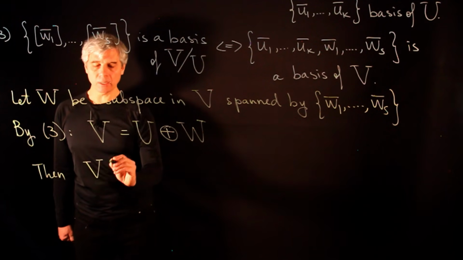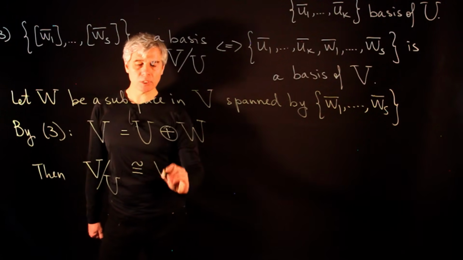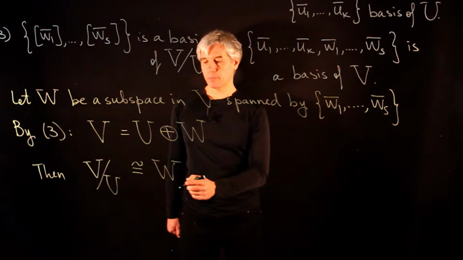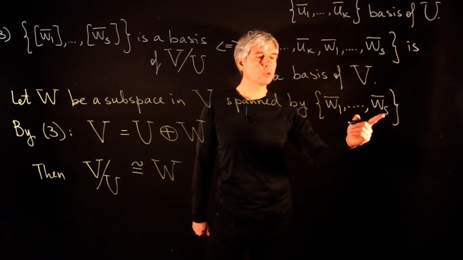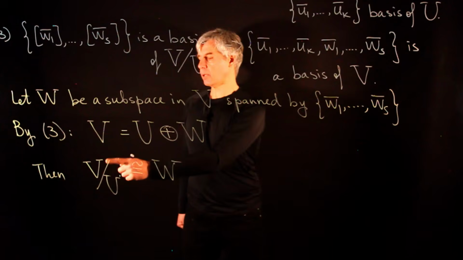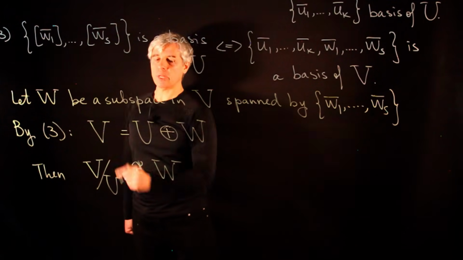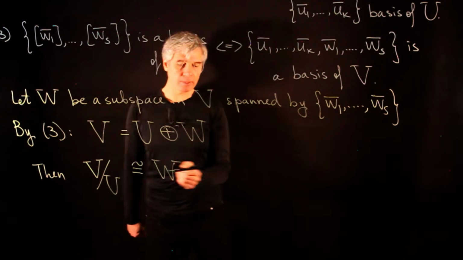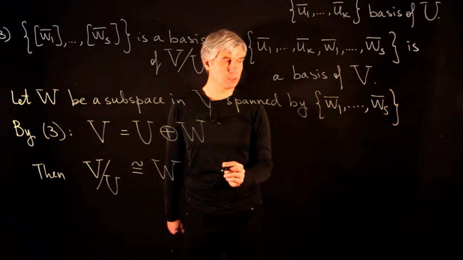The space V quotient by U will be isomorphic to the space W, because the basis of W is given by vectors W1 through WS, and the basis of the quotient space is given by the cosets of W1 through WS. And so we have a one-to-one correspondence here given by the canonical projection.